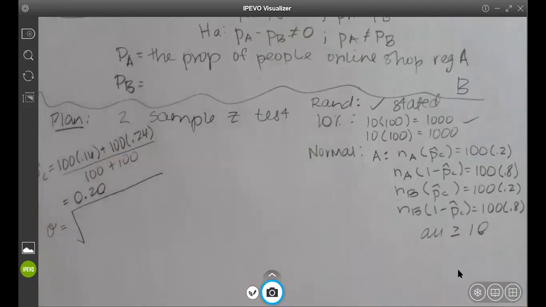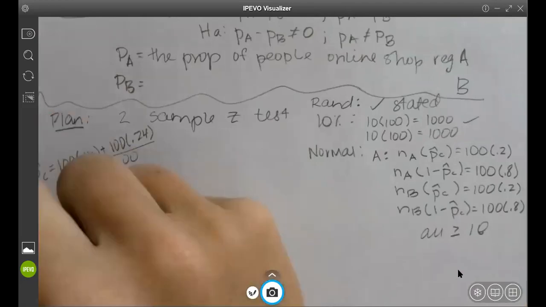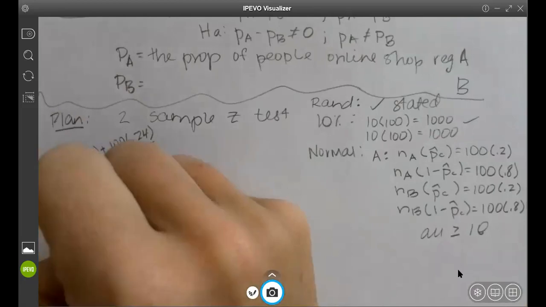This is combined, right? There's two samples, so it's going to be a plus. Okay. How do we do that last one? What proportion am I going to use? Your 0.20. So we're going to do 0.20, 1 minus 0.20.